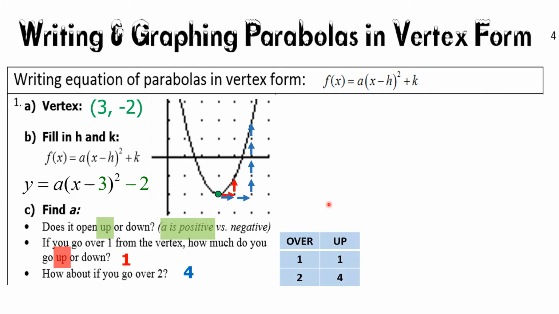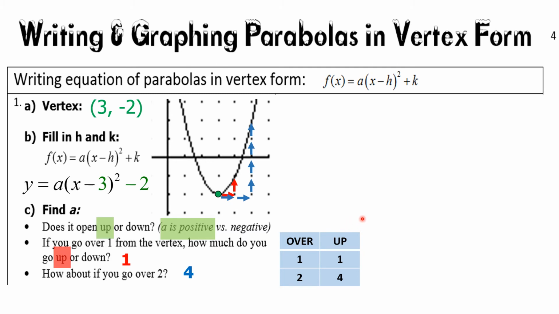So we went over 2 and up 4. We went over 1 and up 1 and we're on the graph. Go the other way, over 1 and up 1 and we're on the graph right here. The next one, you always want to go over 2 and up 4. Over 2, and up 4. So this is our model, over and up, to graph the points.